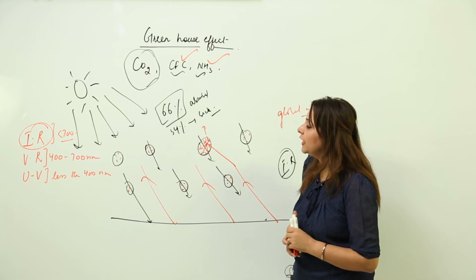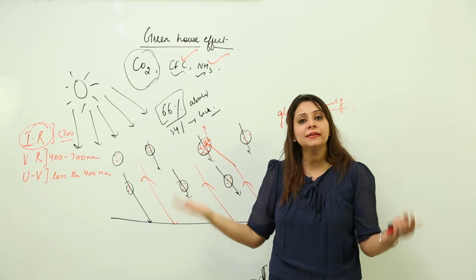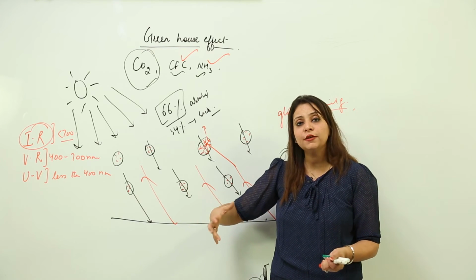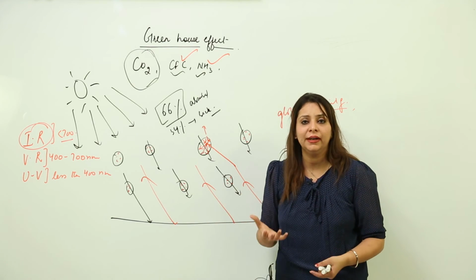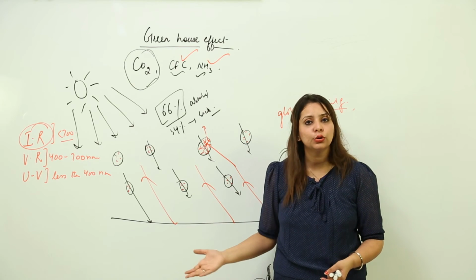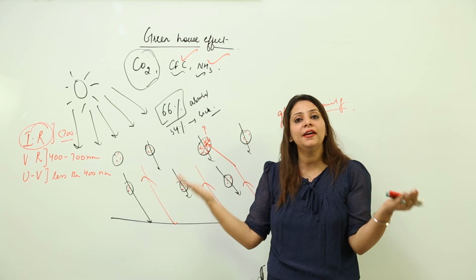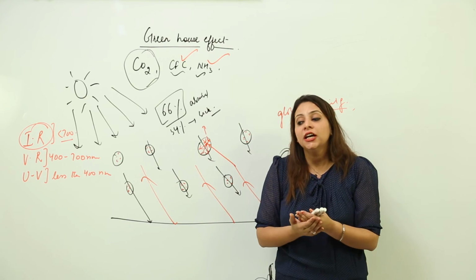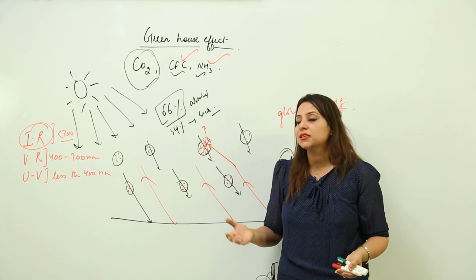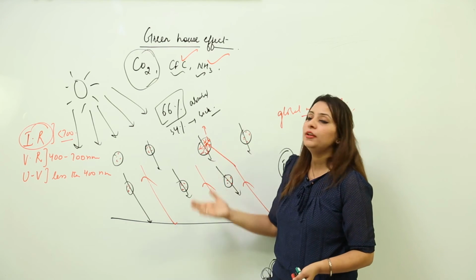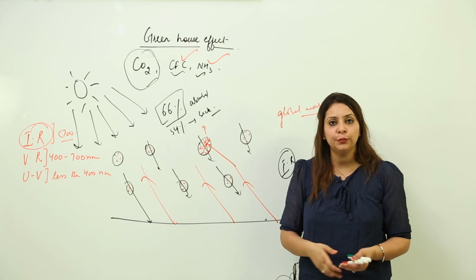Moreover, when CO2 increases beyond a certain limit in the atmosphere, the plants are forced to take up CO2 at a faster rate, which will affect their growth too. So the greenhouse effect can disturb our ecological balance. It can disturb everything, and it is again a harmful consequence of air pollution.